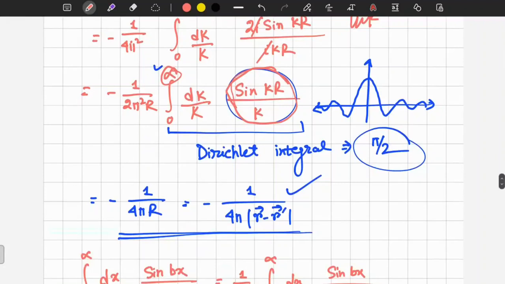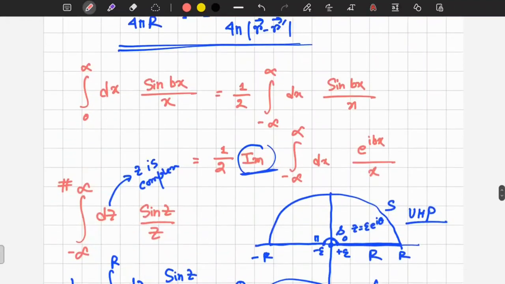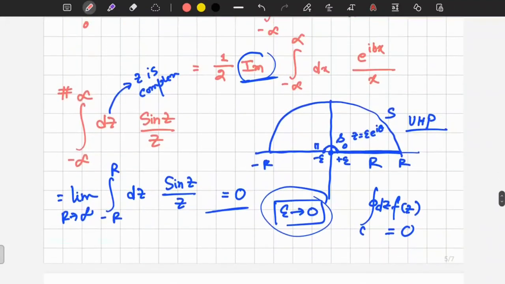Actually, this integral, sine k by k, we can evaluate. But if it is k square, we can try using a complex contour integral. In complex, we first get the residue for the minus 2 term, and we have to rewrite it in terms of complex terms. Just as you did here, you do it here. This imaginary part, this imaginary integral like that.